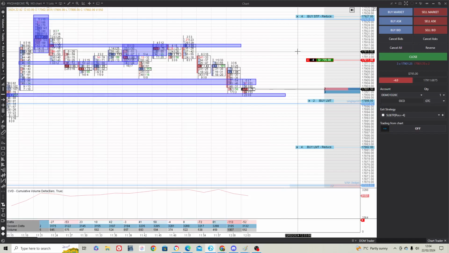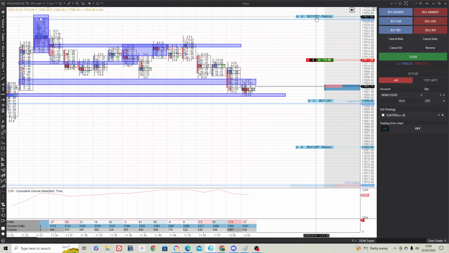Just about to tag my buy limit. Given the bull structure, we could even just take some profit now. I'm going to move my stop to break even. Order cancelled.